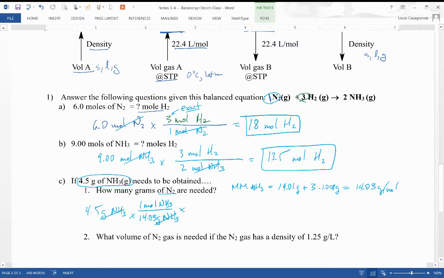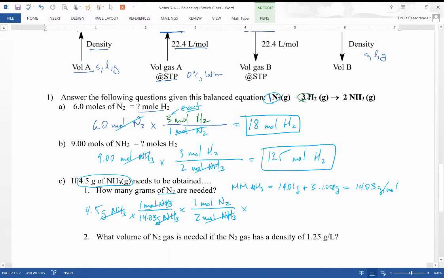Now that we have moles of ammonia in our units, we can convert to moles of nitrogen. We have 1 mole of nitrogen from the balanced equation for every 2 moles of ammonia. And so now the moles of ammonia cancel out, leaving us with moles of nitrogen.